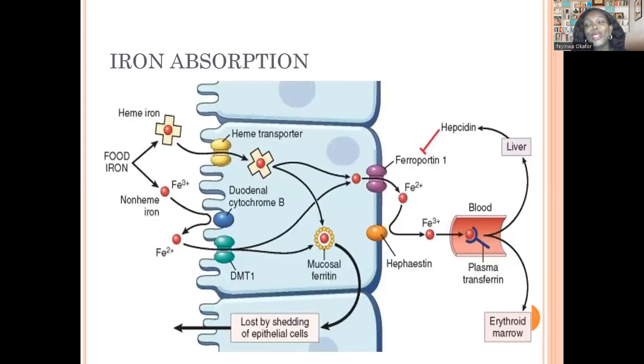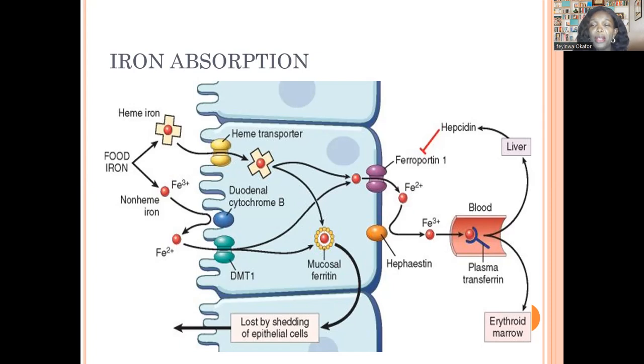In our previous lecture, we discussed iron absorption, and we said that the iron that we eat in our food is in two forms. The heme iron is in form of hemoglobin, myoglobin, that we get primarily from animal food, consuming meat, fish, poultry like chicken, egg yolk, and we have non-heme iron.